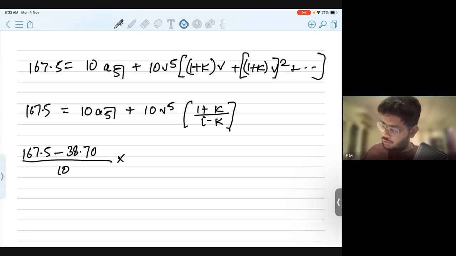Divided by 10 into 1.092 whole power 5 is equal to (1 plus k) upon (0.092 minus k).